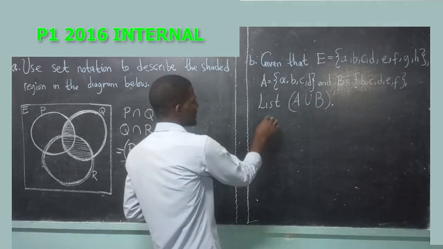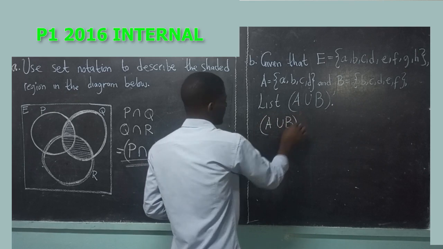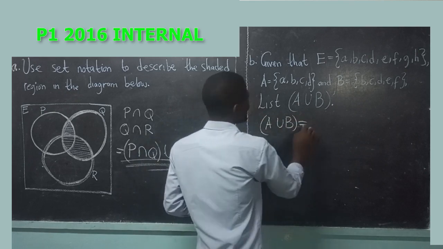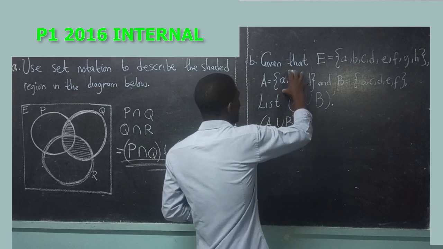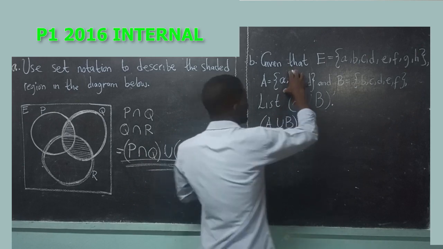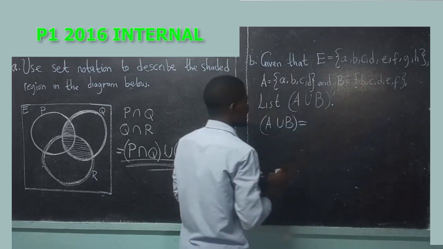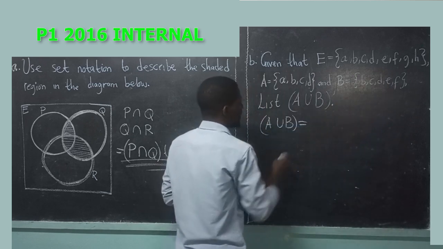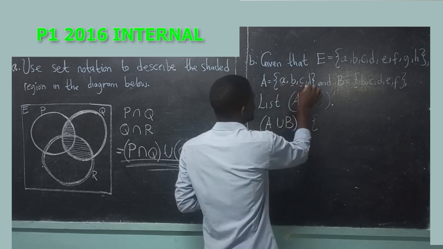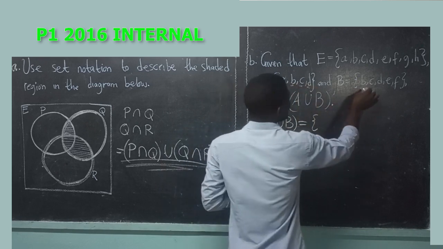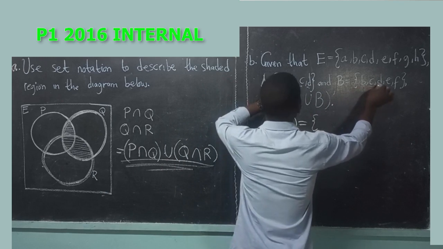To solve that, we begin by listing A union B. A union B is equal to all the elements of set A plus the elements of set B put together to form one set. So we have A, B, C, D. B is already there, C is already there, D is already there.